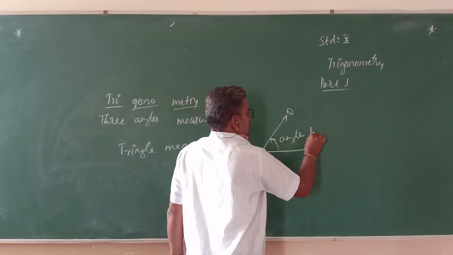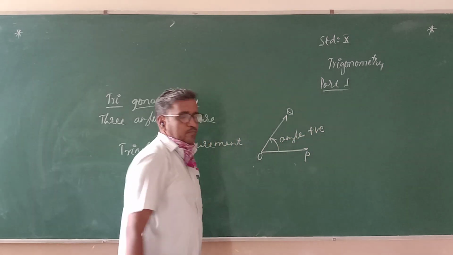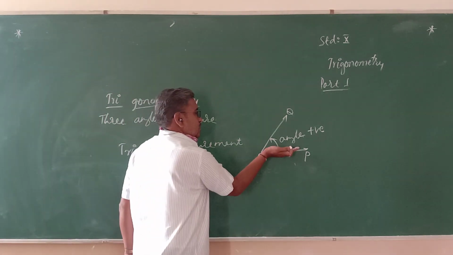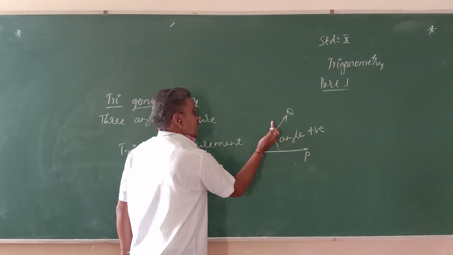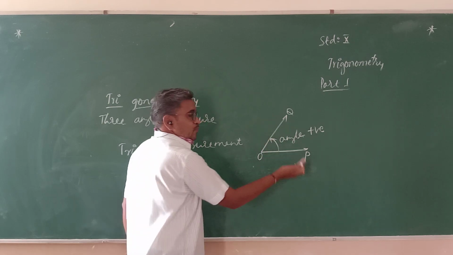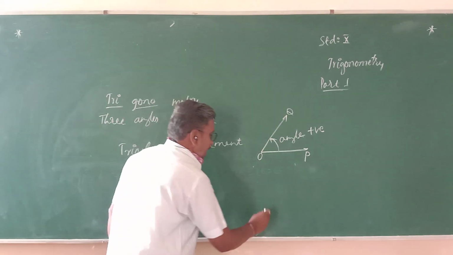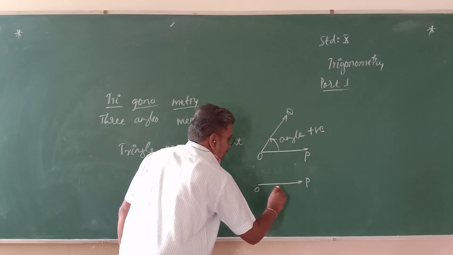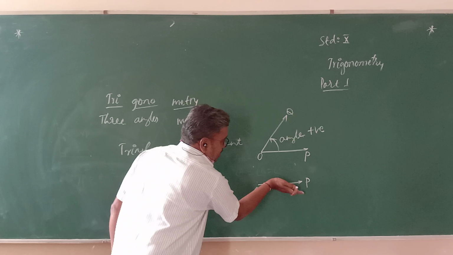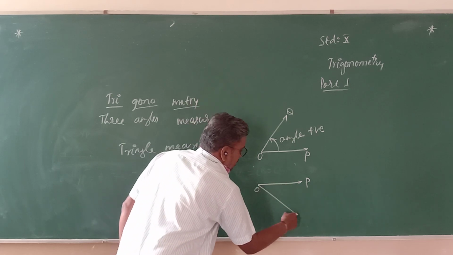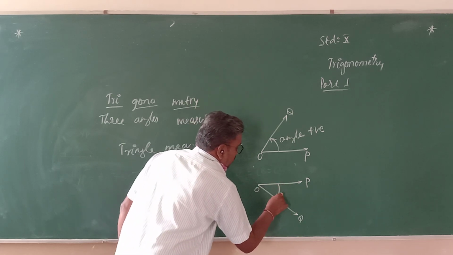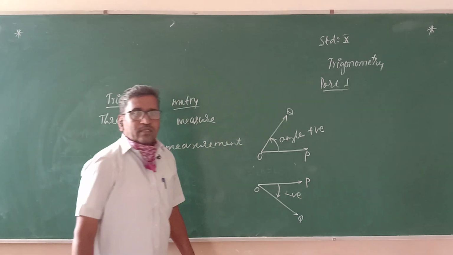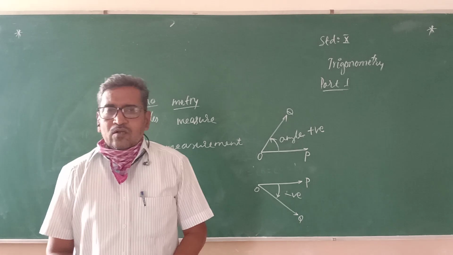The angle is said to be positive when OP rotates in the anti-clockwise direction. When the ray OP starts rotating in the clockwise direction and an angle is formed, that is said to be a negative angle. Understood?